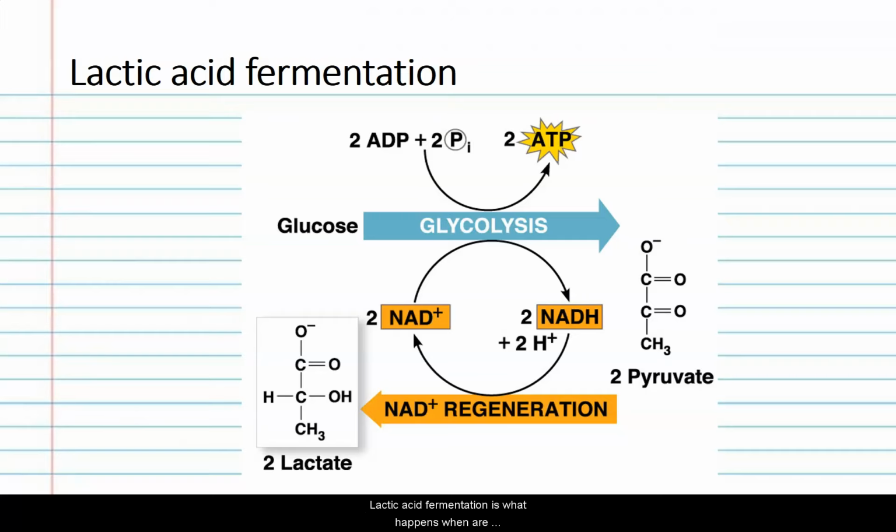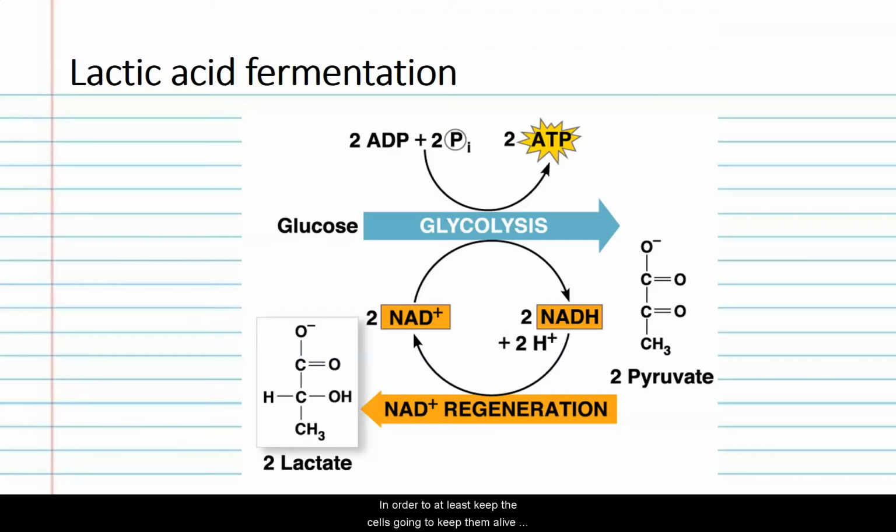Lactic acid fermentation is what happens in our muscle cells. As you're working out and your body is pumping blood and you're using as much oxygen as you can in cellular respiration to generate ATP, eventually your cells run out of oxygen, right? Your muscle cells run out of oxygen.